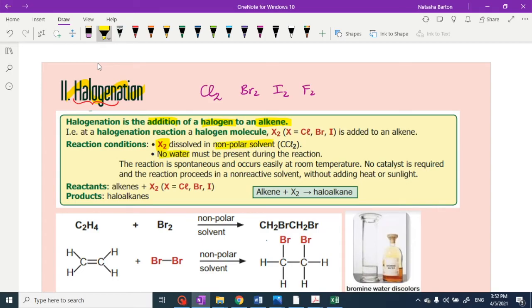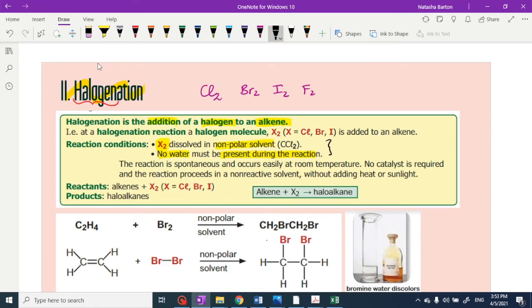And no water must be present during this reaction, for the same reason as it should not be present in a hydrogenation reaction. If we have water present, we're going to instead have hydration taking place, and that is not what we want. This here is for interest's sake.